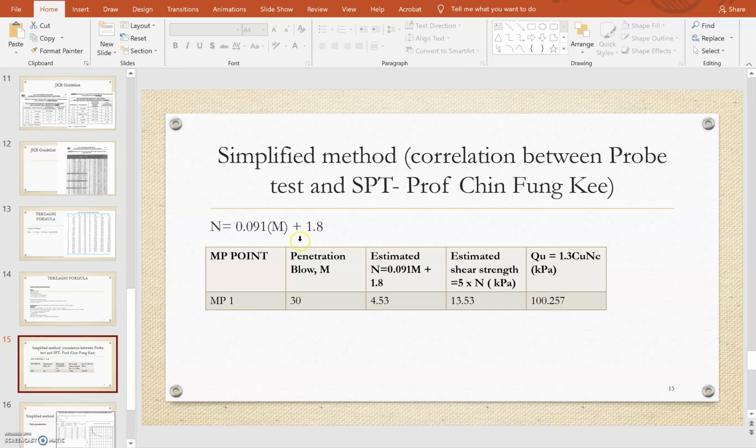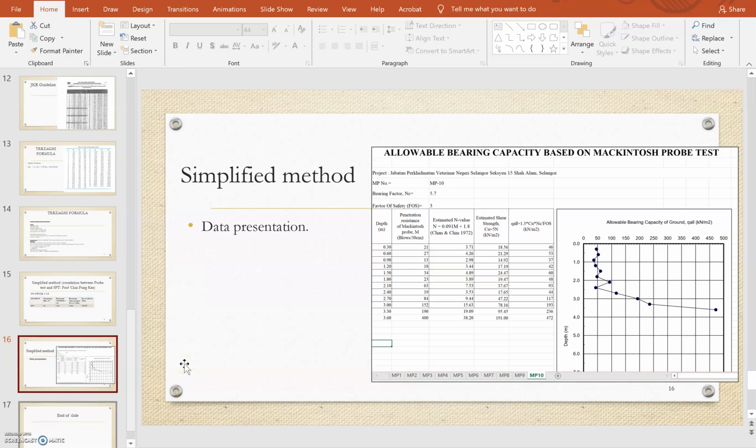Okay, and then for example, you have multiple points, MP1, MP2 and MP3. So you will calculate more here to extend the table. Since this is the simplified method, you are advised to represent more of your data, for example in an Excel report. So label by MP1 until, for example, MP10.